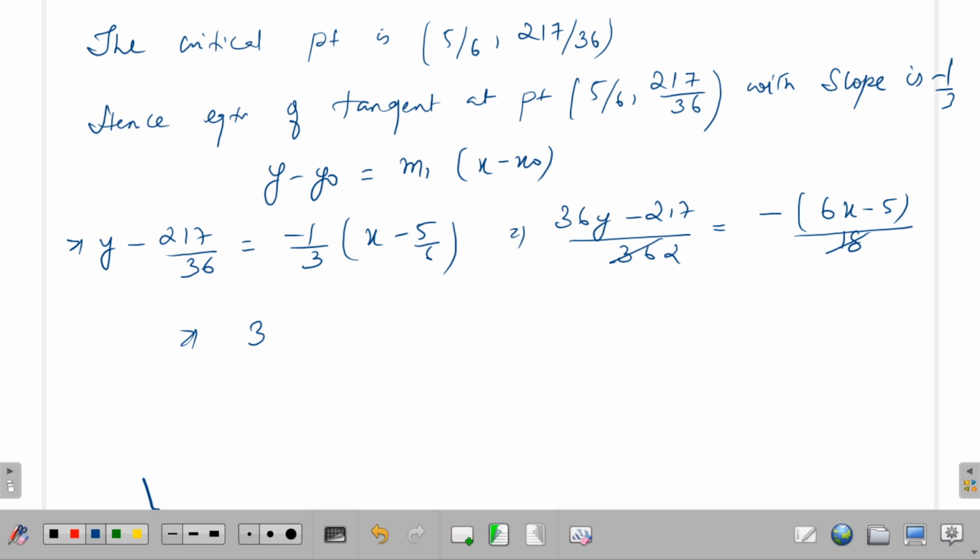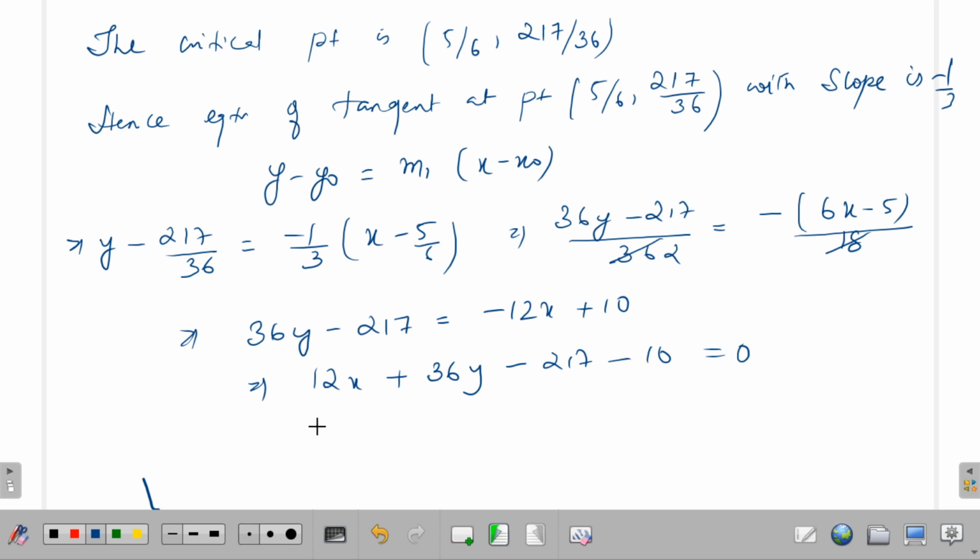So that will be 36y minus 217 is equal to minus 12x plus 10. So 12x plus 36y minus 217 minus 10 is equal to 0. So we get the answer 12x plus 36y minus 227 is equal to 0. So that's your required equation.